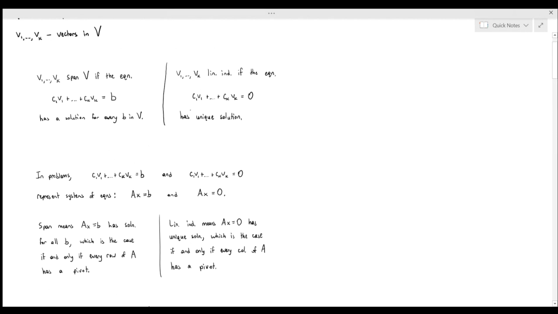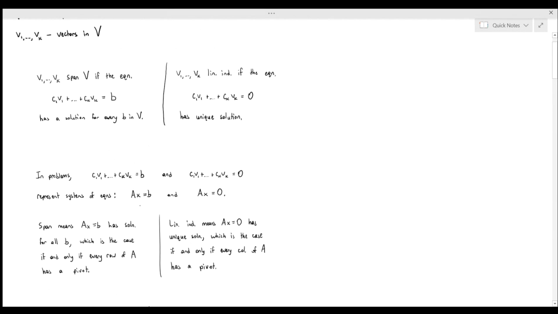For independence, you want to set up this equation instead and check if it has a unique solution. Now, when you set up these 2 equations, they're going to become a system of equations in your problems. And the only difference between the systems of equations is just going to be the right-hand side being b or 0. The left-hand sides were the same.